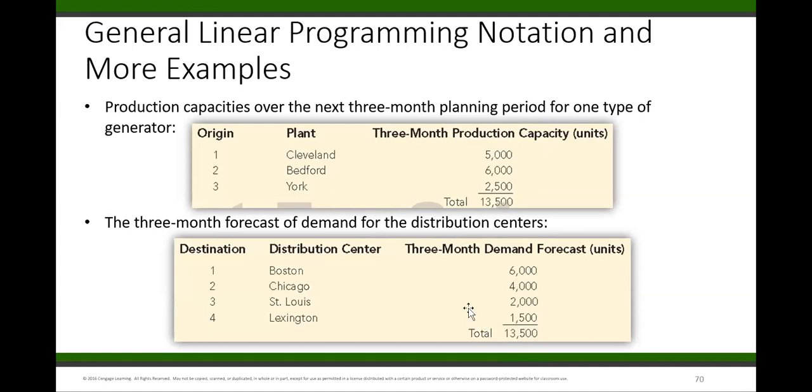But usually the capacity of our suppliers should be typically greater than the overall demand. If we want to make sure to satisfy the demand, we should have enough capacity provided by our suppliers, right? But in this case, they're actually matched. Total supply, total demand, all right?